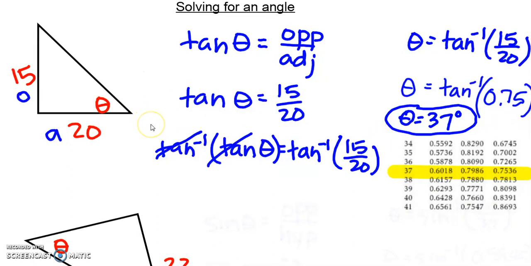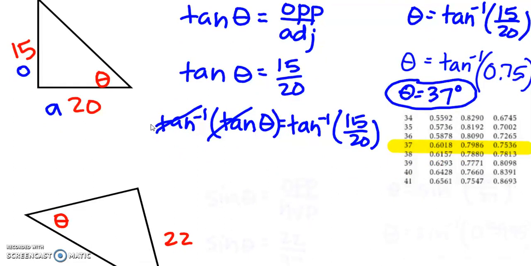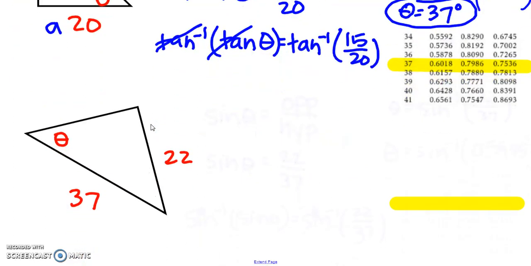Okay, so example 2. Here's our triangle. Just like last time, we're going to label it to figure out what ratio we would use. When I look across from the angle, that's opposite, and this one is our hypotenuse. So opposite and hypotenuse is sine.